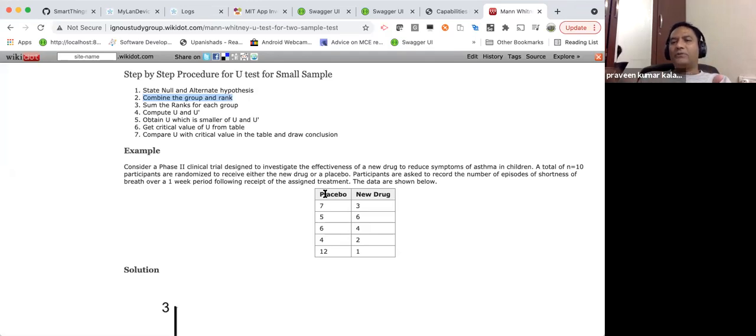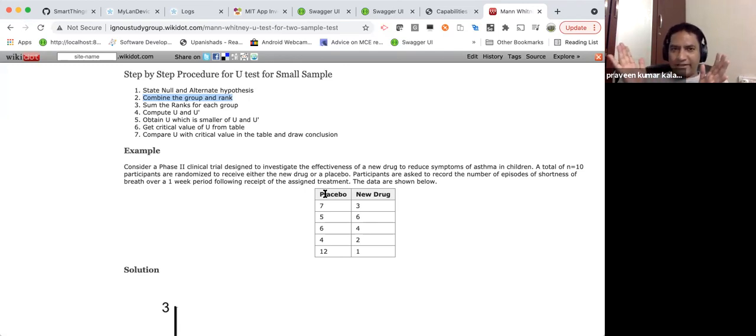So the measure is the number of episodes of shortness of breath over 1 week. I have 10 people here, and for half of them I did not give any real drug. I gave some drug which is not really effective, basically a dummy drug, a placebo. And for half of them, we gave the drug.